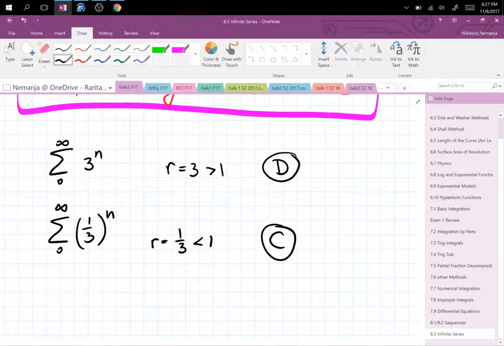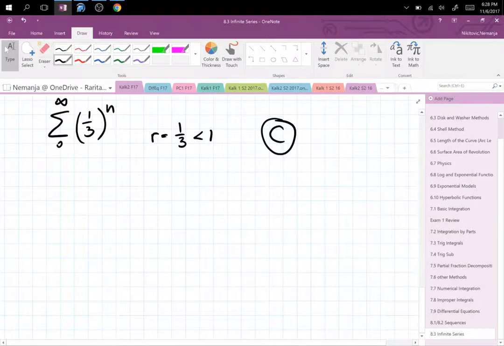And if you memorize the theorem, you will be done with a geometric series problem within 5 seconds. That's how long it takes you to write the stuff out. So you look at the value of r, and you just determine whether it's between -1 and 1 for convergence, or it's not. End of story.